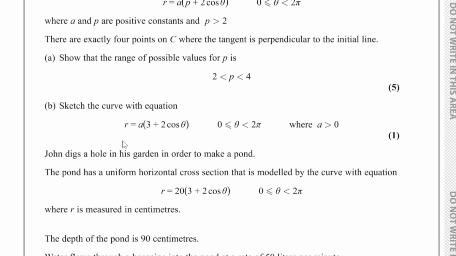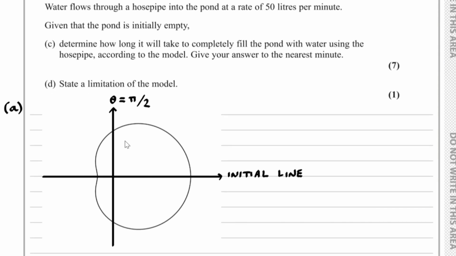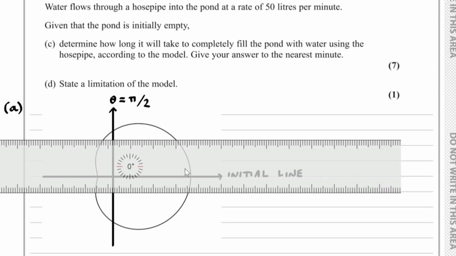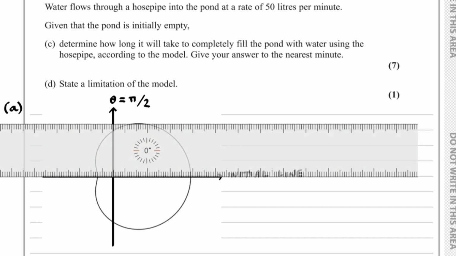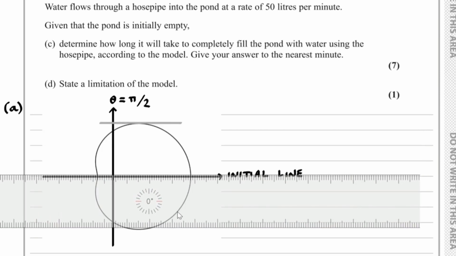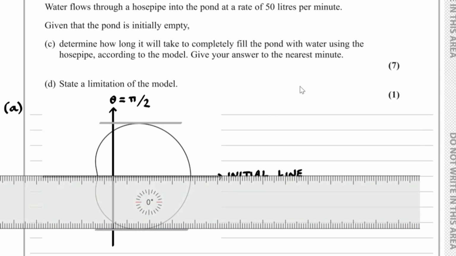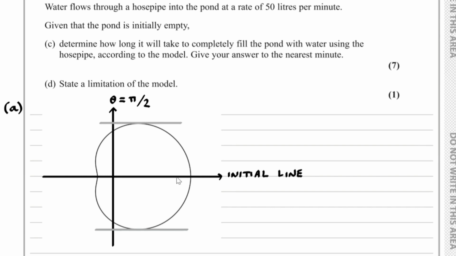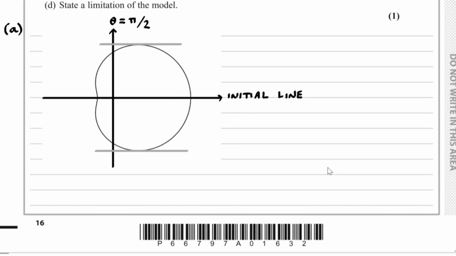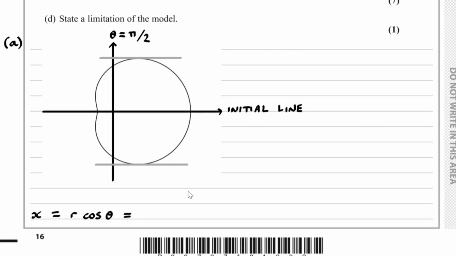What we need to do is find the range, and for us to find the range will be in between this line and this line here. And these lines are parallel to the x-axis, if you like. So if we know that x is equal to r cos theta, we know what r is.